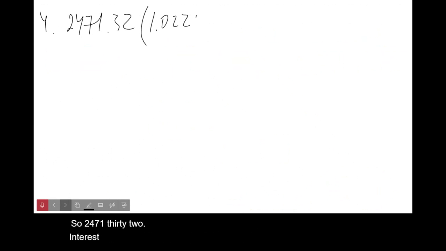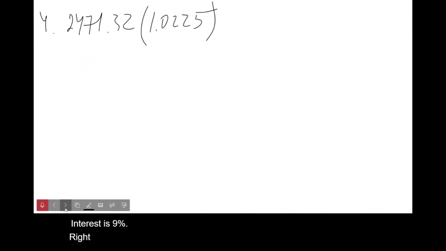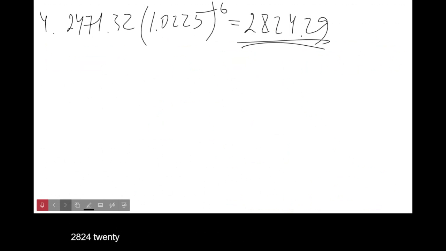Interest is 9%, quarterly. 18 months, what is it? 6, right? So 2,429. That is actually the answer.